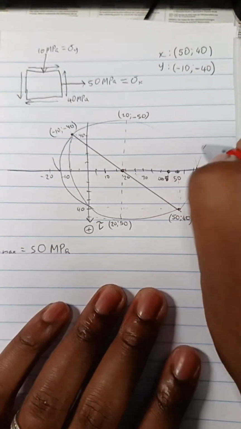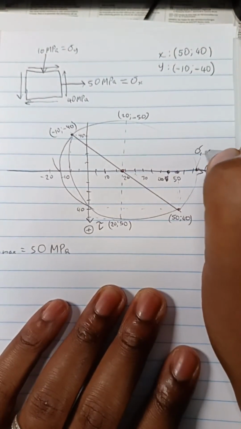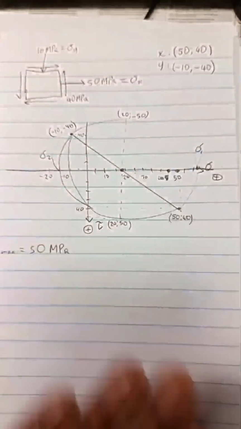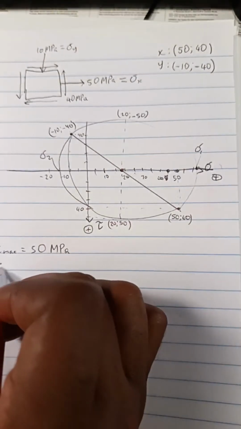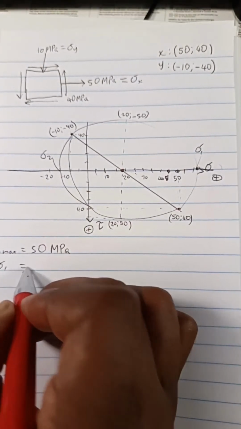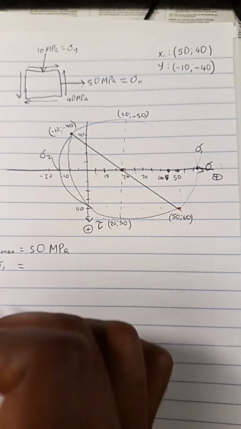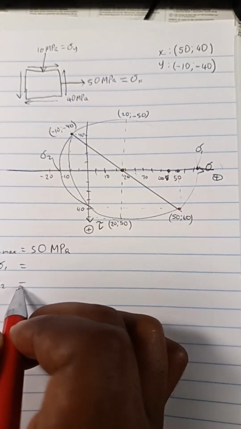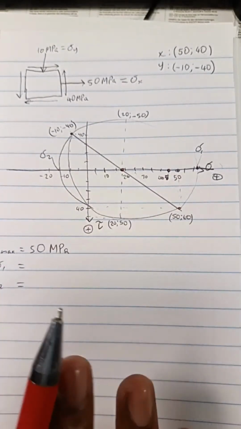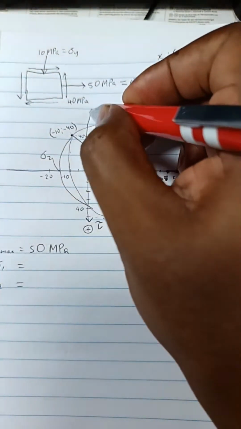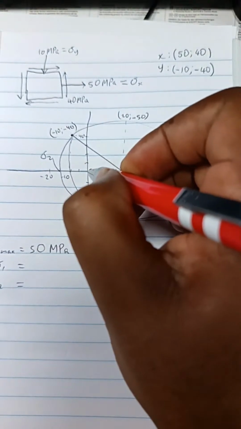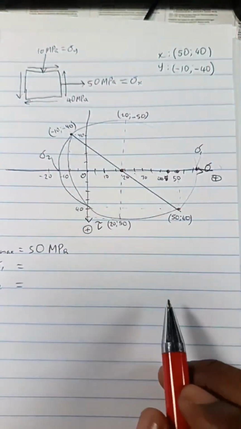This principal value will be stress 1 because it's big. This principal value will be stress 2 because it is small. That's how you'll get it. So you can say stress 1 is equal to, you write the value, then stress 2 is equal. Now, when you are measuring these stresses, you always start from this O, that's 0.